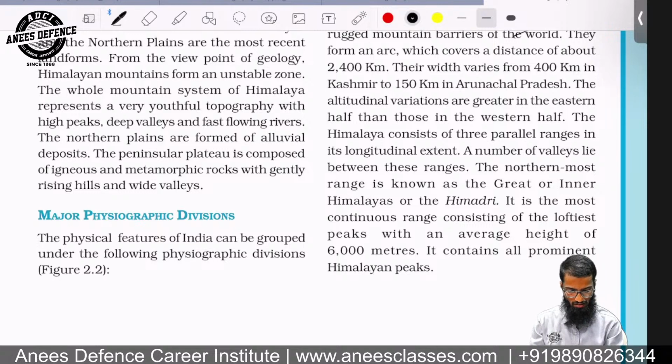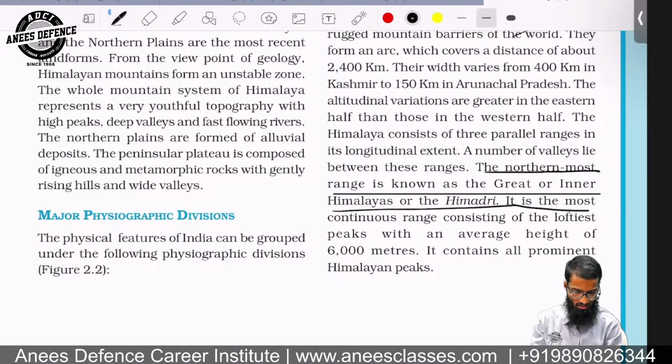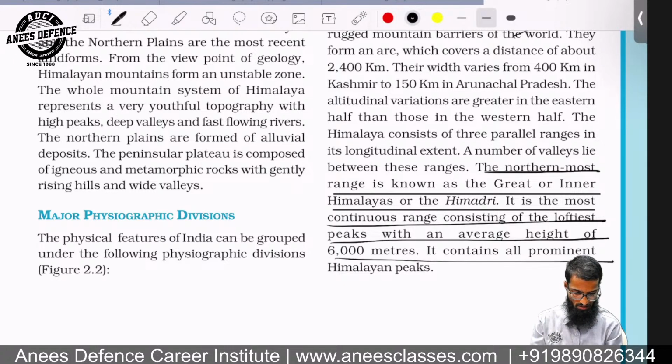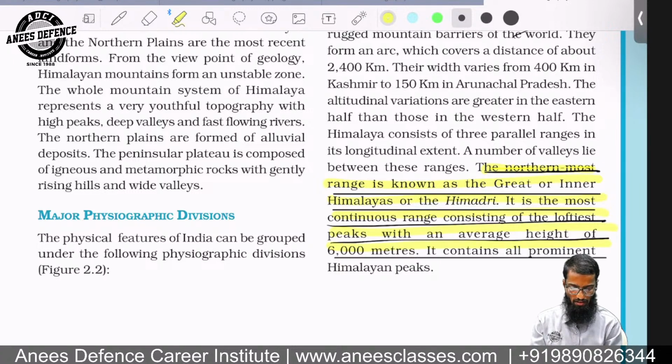One is the northernmost range that is called the Great or Inner Himalayas or Himadri. Great Himalayas. So we'll be studying that. Pay kind attention to this line. Look at this paragraph.